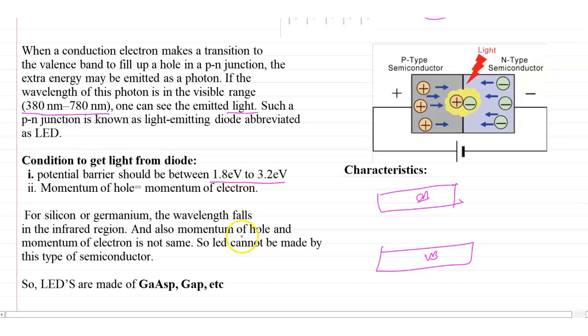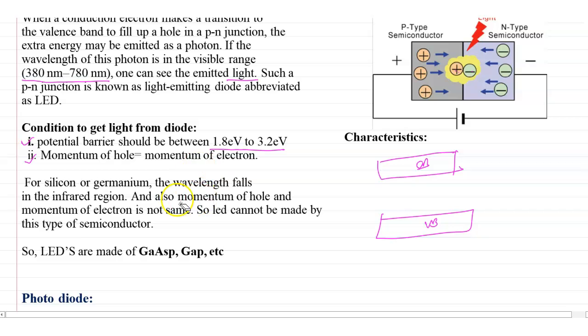This should be 1.8, means it should be very large. Another point is that the momentum of the hole is equal to the momentum of the electron, so that during collision they can emit light. Due to collision of this electron and hole, we get radiative transition, having radiation of 380 nanometer to 780 nanometer.